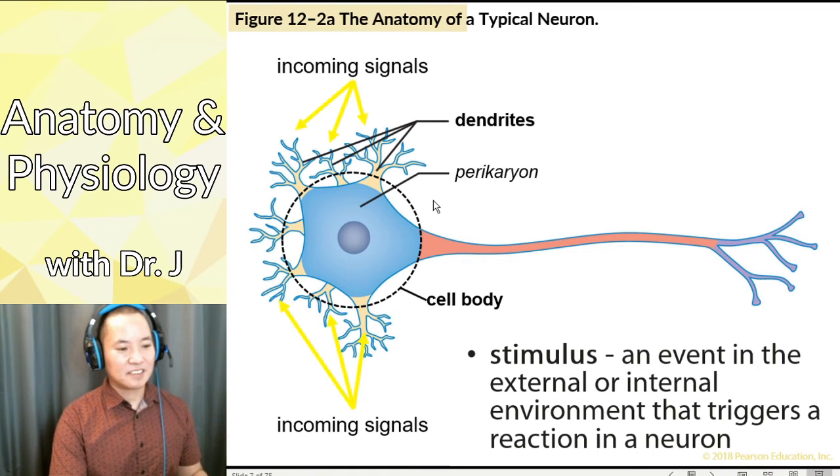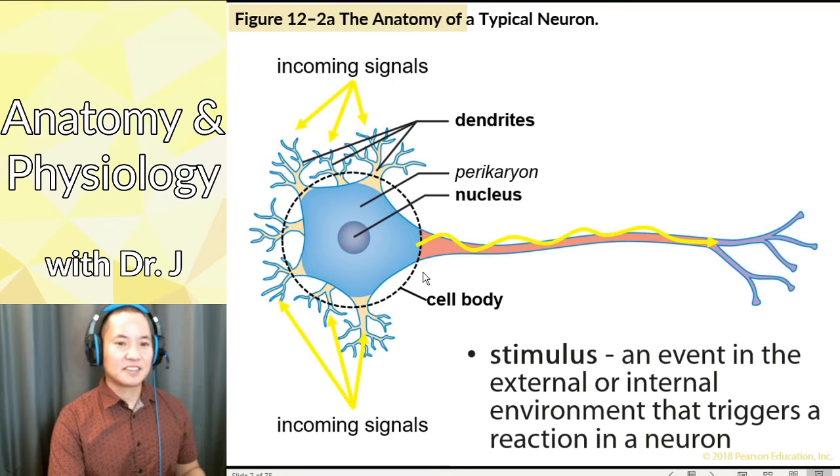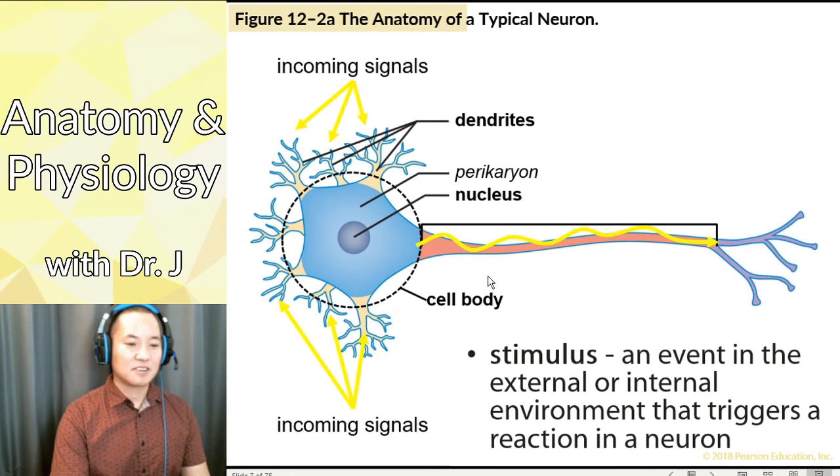or perikaryon. Don't worry too much about that for this class. And you have a nucleus. So it might send, remember those action potentials, those electrochemical signals I talked about when we talked about the neuromuscular junction? These are action potentials. They are signals that involve chemicals and ions and electricity, and they send it along this structure called an axon.